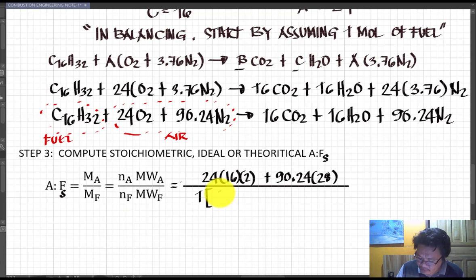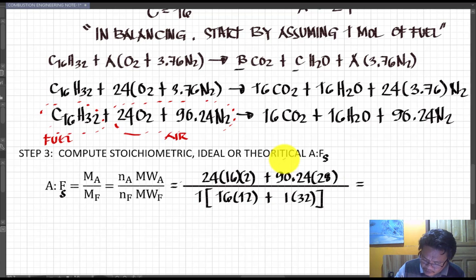So we have 16 times 12, the molecules times the molecular weight, then plus 32 times 1, molecules times the molecular weight of hydrogen, that will be 1. Okay. So finally, using our calculator, yung value na ito, we have 14.7.